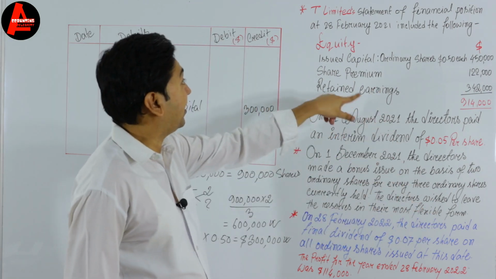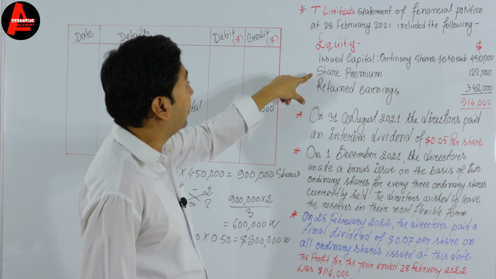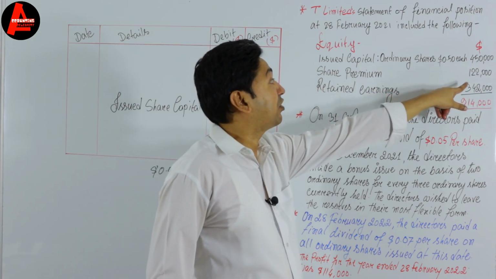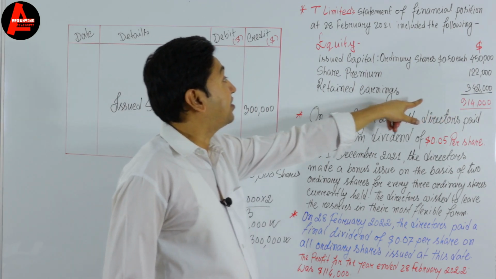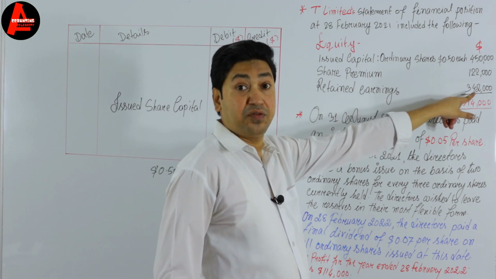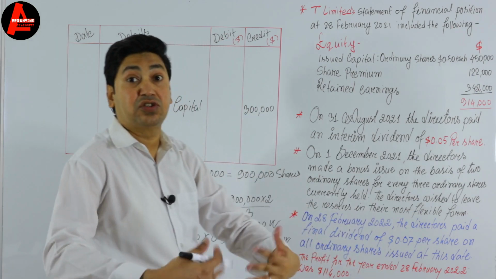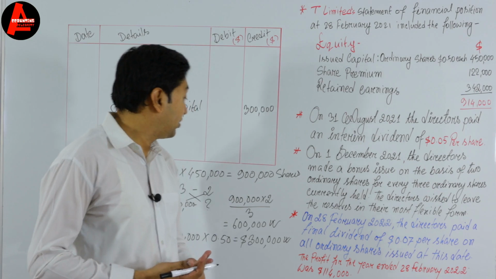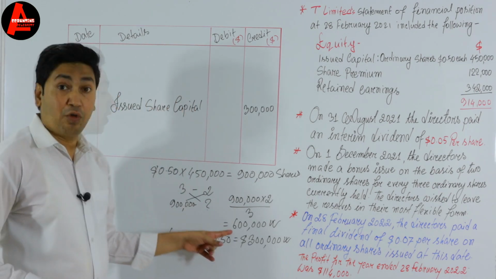So here they have two reserves: share premium, $122,000, and retained earnings, $342,000. The directors used these two reserves to issue these 600,000 bonus shares.